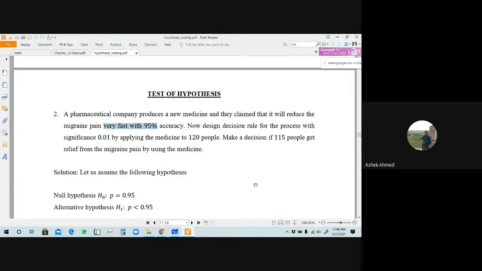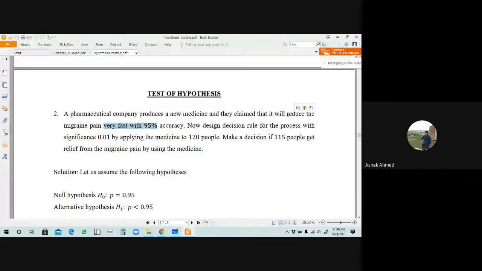Migraine pain can reduce, is it right? Okay. Now design a decision rule for the process with significance 0.01 by applying medicine to 120 people. Medicine to 120 people apply করা হবে. From here, make a decision if 115 people get relief from the migraine pain by using the medicine.